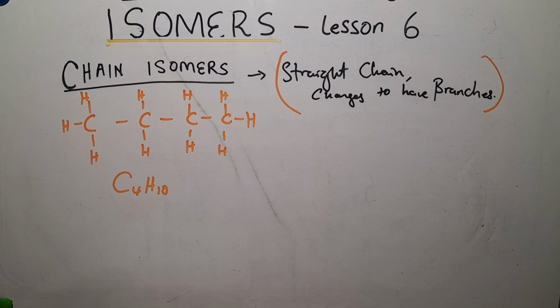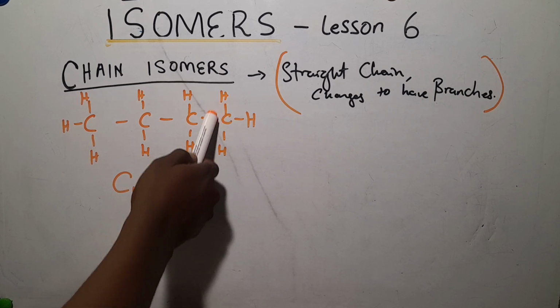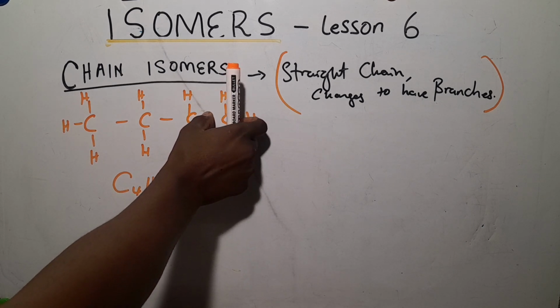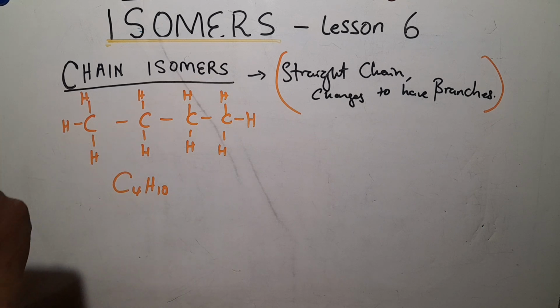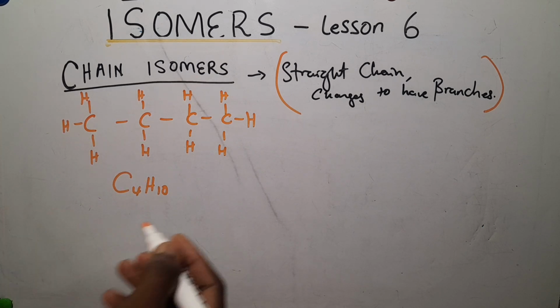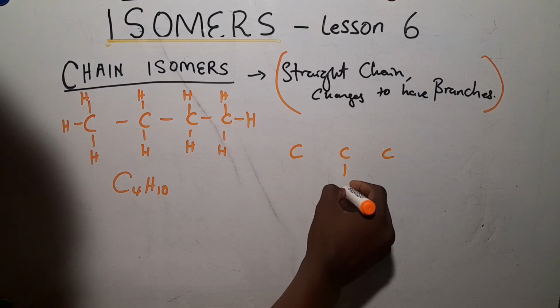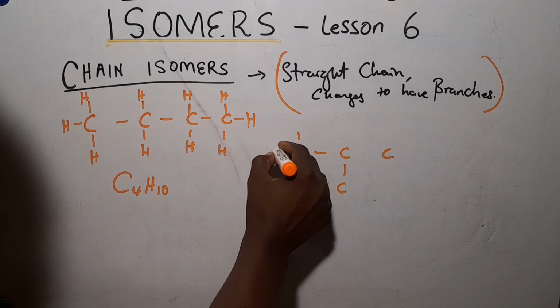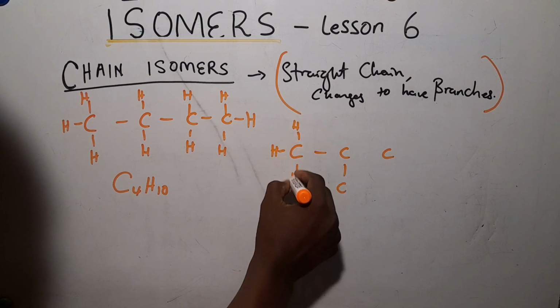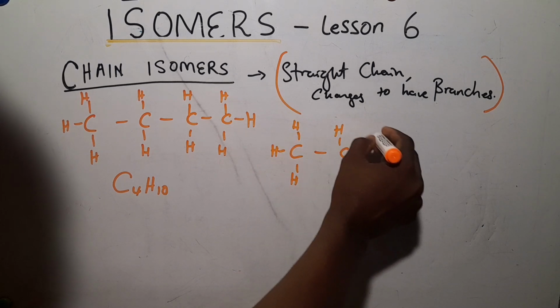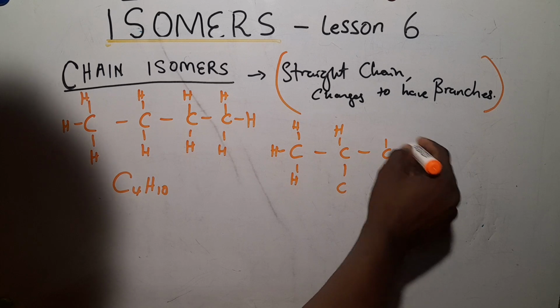If one of these carbons is removed here and placed there, it now becomes a branch. So now we are going to have something like this. And when that happens, the name of this molecule becomes different from butane, right?